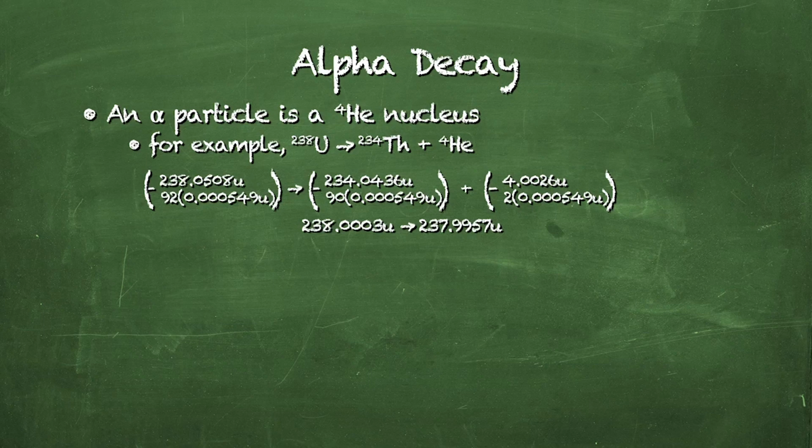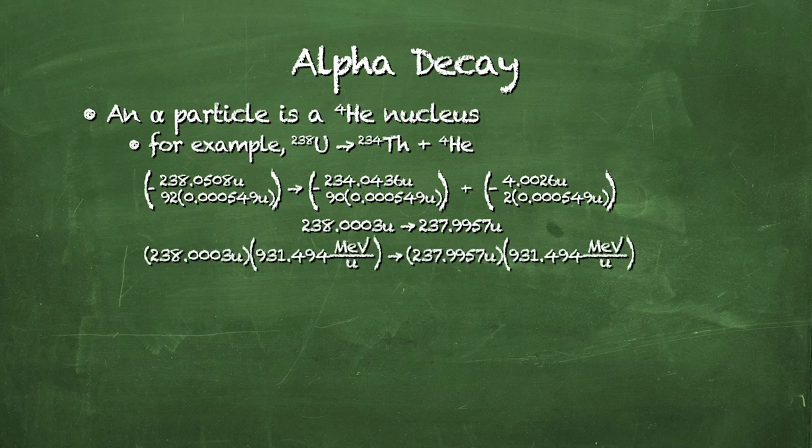How much energy is released? Well, we'll have to multiply our masses times c squared, which is 931.494 mega electron volts per atomic mass unit.